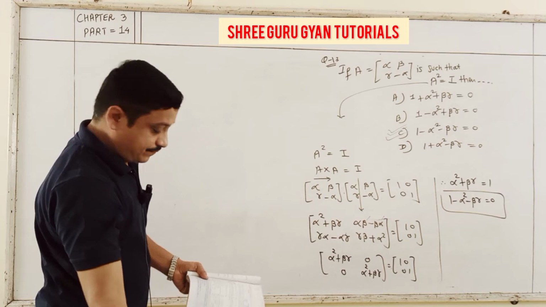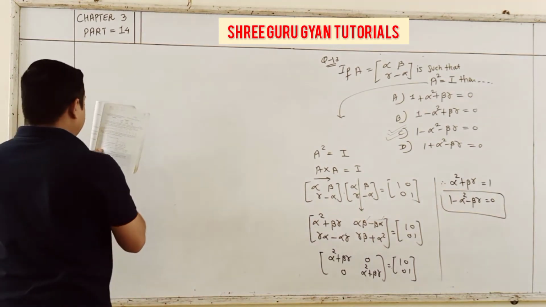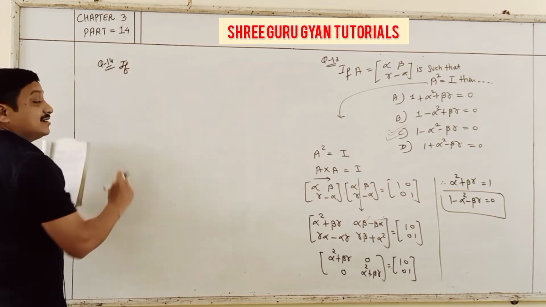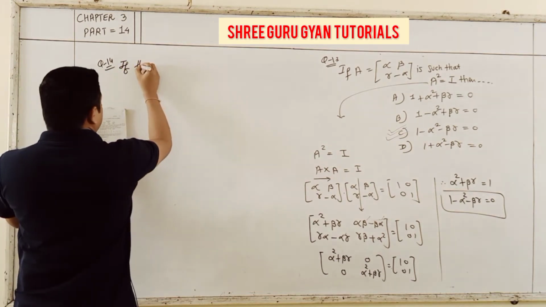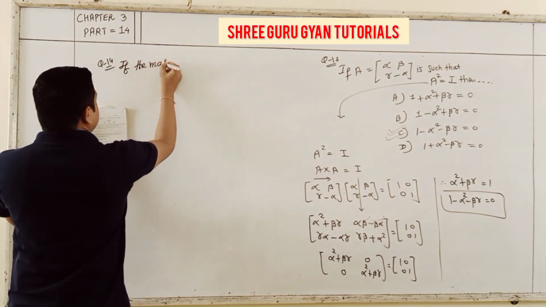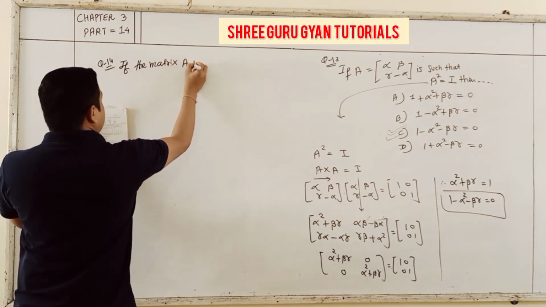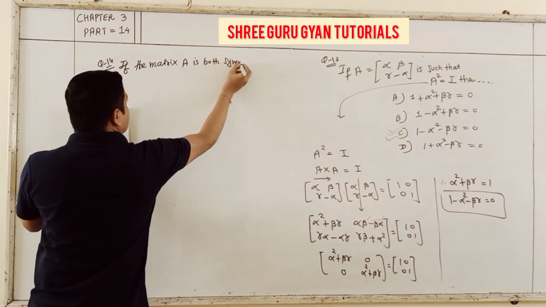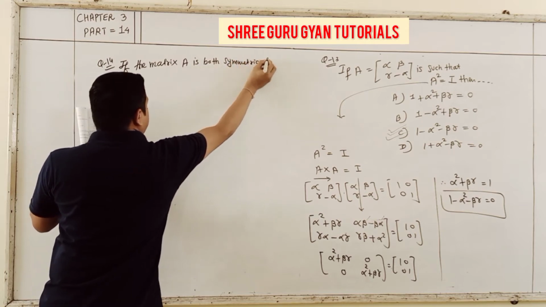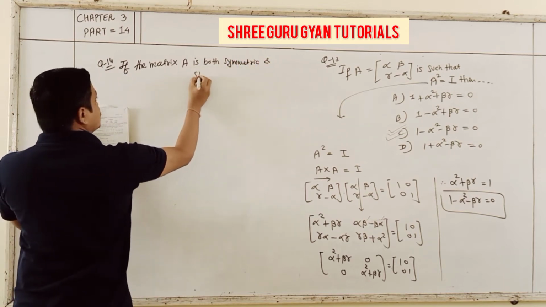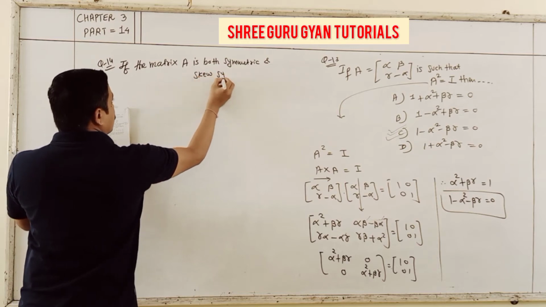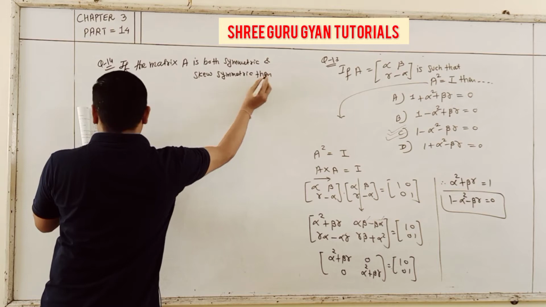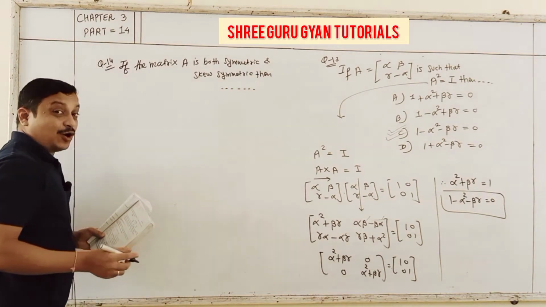In question 14, if the matrix A is both symmetric and skew symmetric, then asking what are the options.